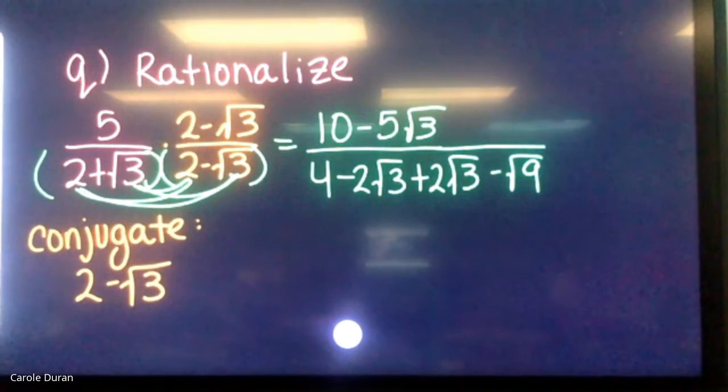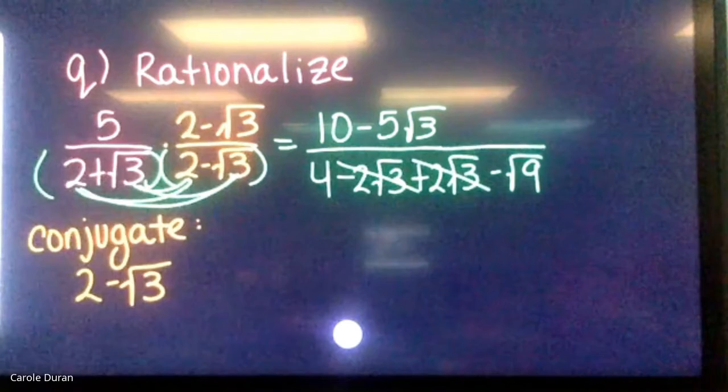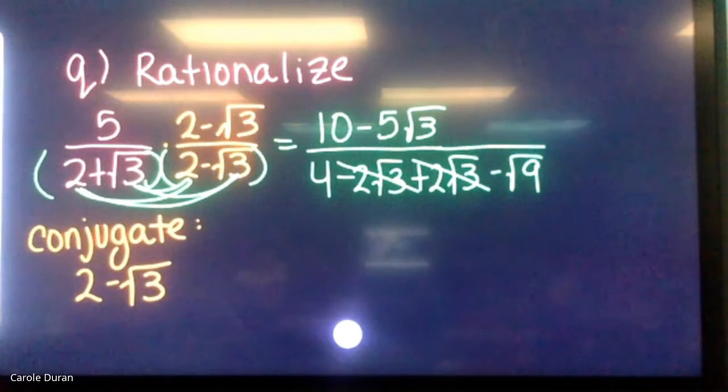What beautiful thing happens because I FOILed with my conjugate? My radicals cancel for the most part. So this one cancels and that one cancels. But I still have an issue here. I still have a square root in my denominator. Is it going to stay a square root? No, because 9 is what?